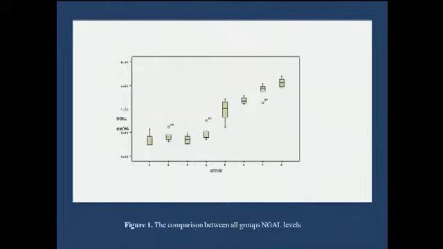In groups 6, 7, and 8, NGAL values were higher in comparison with group 5. The differences between these groups were statistically significant. There were no statistically significant differences in NGAL values between groups 6, 7, and 8.